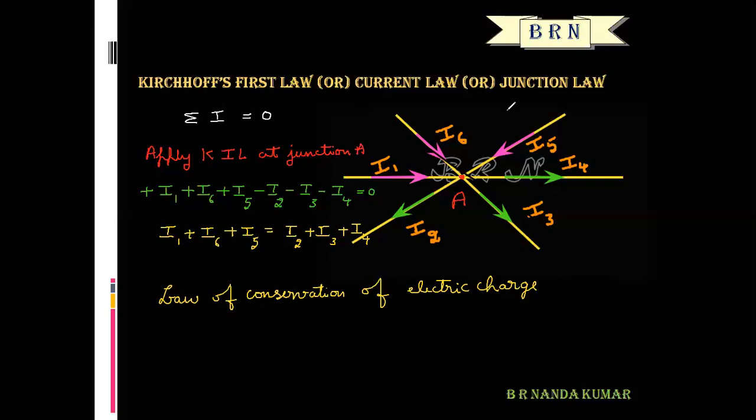The statement is very simple: the algebraic sum of currents at a junction is equal to 0. Or in other words, the sum of currents entering the junction is equal to the sum of currents leaving the junction.